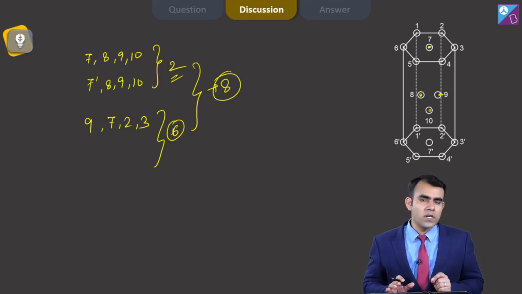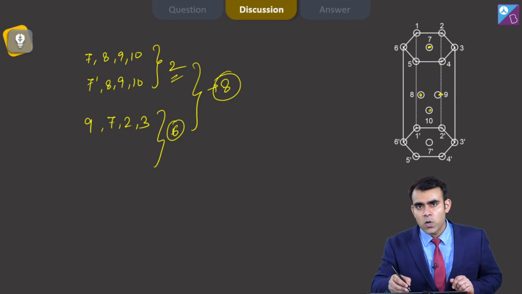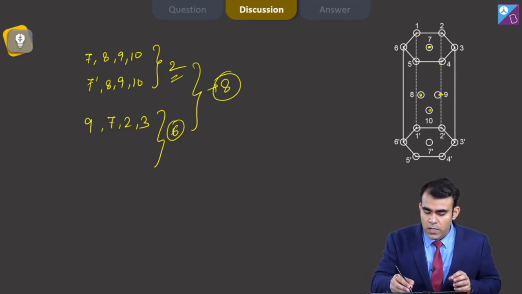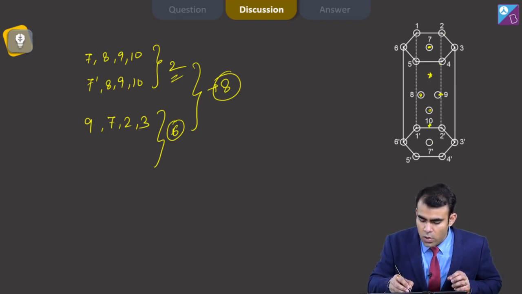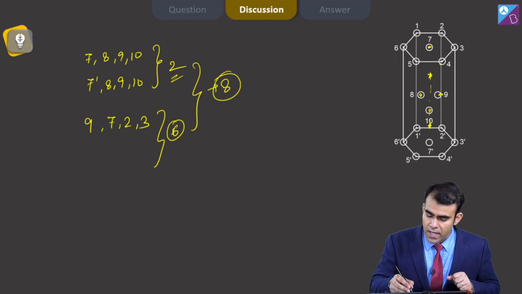And we have 4 more tetrahedral voids present on the edges. But if you look closely, above a tetrahedral void you will find only a tetrahedral void. For example, here we have a tetrahedral void, and here also, on the line connecting these, we have a tetrahedral void. Similarly with 8 and 1 dash, 6 dash and 7 dash.